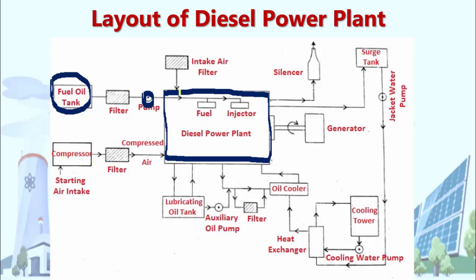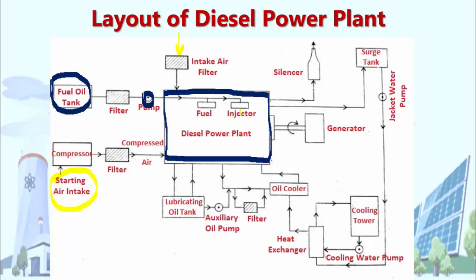Usually when the diesel engine is in running condition, the air is taken from the atmosphere. This atmospheric air is filtered through this intake filter and gets into the engine. During the starting of the diesel engine, you have to supply compressed air into it, right? For that starting air intake, a compressor and a filter are used to give the compressed air into the diesel engine.